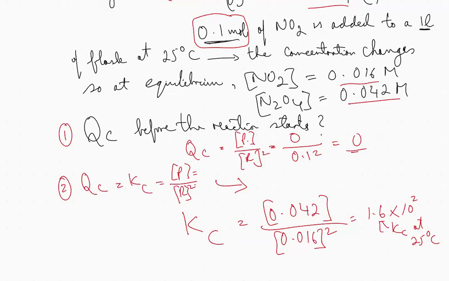Okay, so anything below this value, if we were doing a series of tests, the first one at 0, then the second one after 2 minutes or something, then we will get a Qc value less than 1.6 × 10^2. We know that it hasn't attained the equilibrium yet if we knew the Kc value. Otherwise we wait till it attains equilibrium, then we get the Kc value, then we know after how many minutes or seconds it attained the equilibrium, and at what temperature, because it's 25 now in this case.